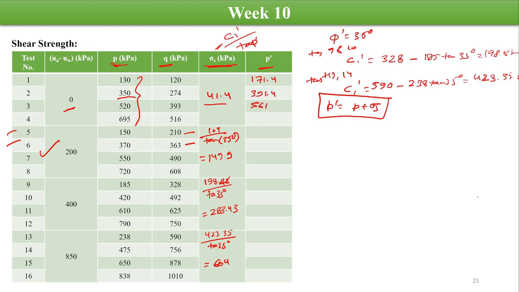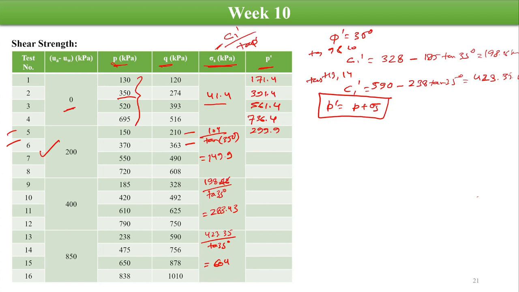We can calculate the p dash value 736.4. Moving further here, 149.9 plus 150, so it will be 299.9.